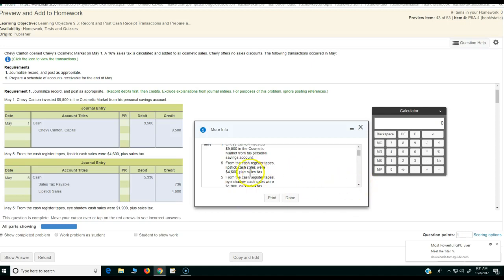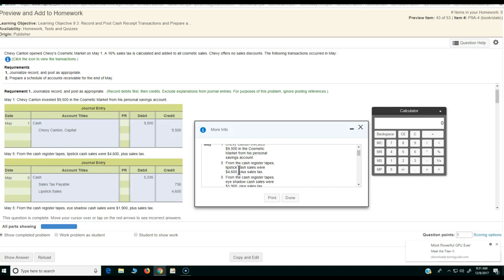Scroll that up. His registered sales tapes were $4,600 plus the sales tax. So I've got to add 16% to the 4,600 to determine the cash collection. This is a cash deal, okay? And we're selling lipstick.